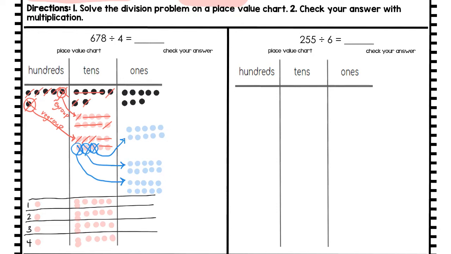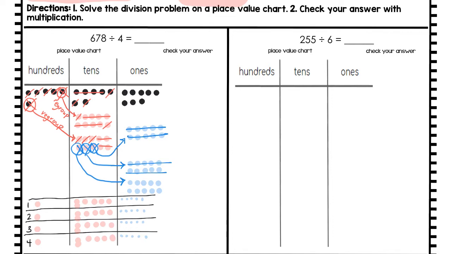So I'm going to start by making a row of 5. I've used this row of 5, and another, and another, and another.